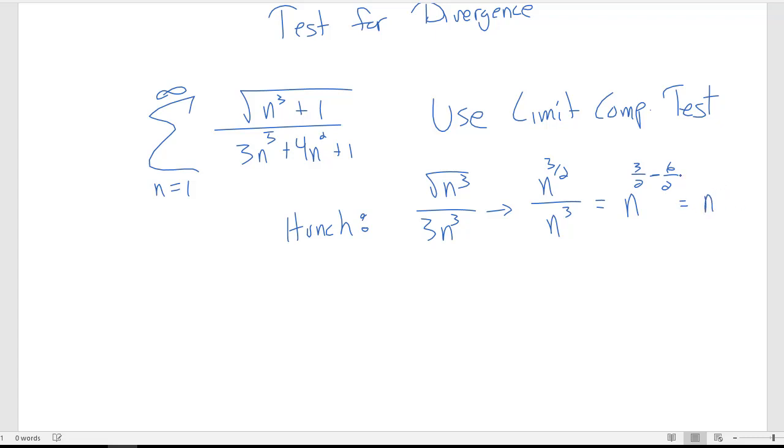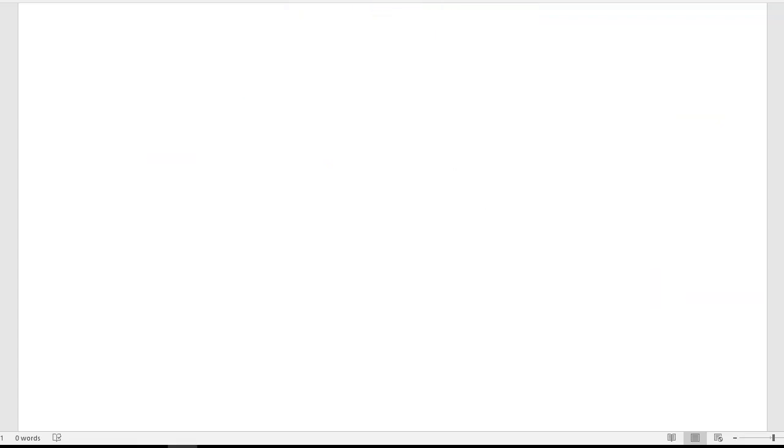So I get n to the negative 3 halves. So I really have 1 over n to the positive 3 halves. So this behaves like a convergent p-series, p is 3 halves, that's greater than 1, so I would do a limit comparison test for that series.